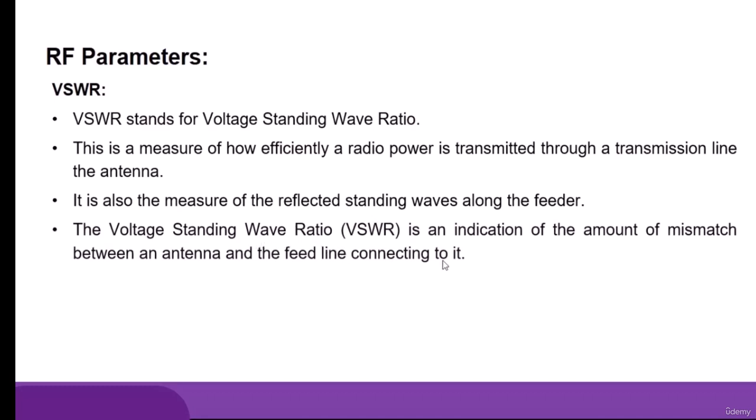The voltage standing wave ratio is an indication of the amount of mismatch between the antenna and the feed line connected to it. Let's suppose we have an antenna and this one is the feed line. So the mismatch between antenna and the feed line would be the VSWR.